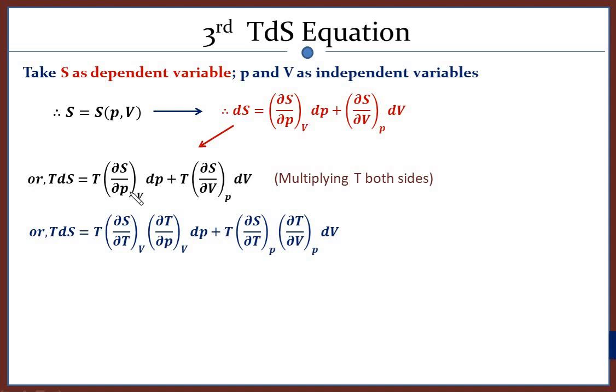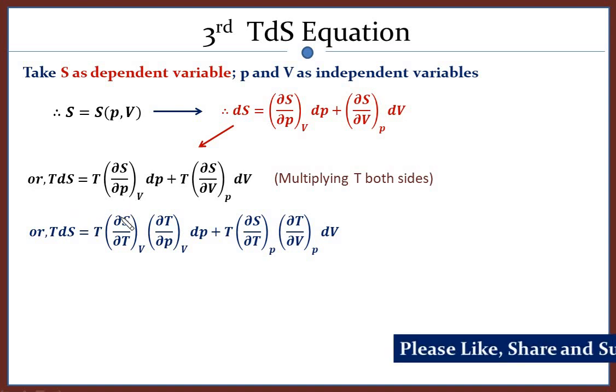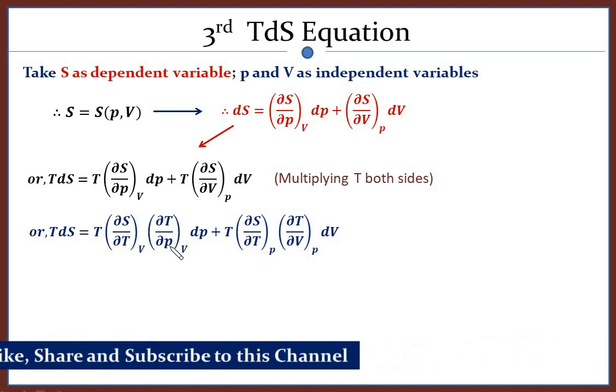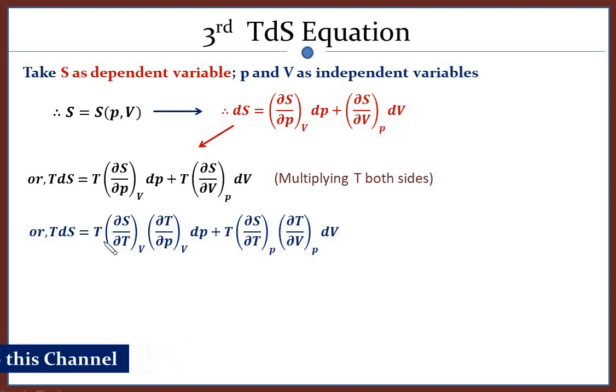TdS equals T (del S/del P)_V dP plus T (del S/del V)_P dV. Now use the chain rule, which says that del S/del P can be written as del S/del T into del T/del P. You can easily see this del T will cancel out and you will have del S/del P. Similarly, if you use the chain rule here, it will give us T (del S/del T)_P into (del T/del V)_P dV.